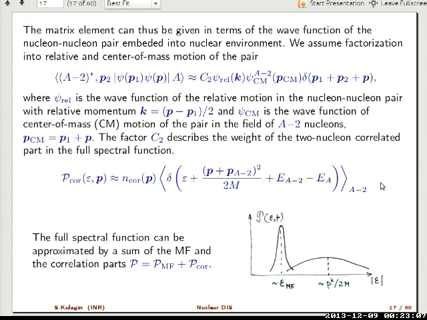So that's the sketch of these two contributions. The mean field part would give you the strength localized at low excitation energies, but the correlated part, which is usually called short-range correlation, has a broad peak, and the excitation energy is correlated with the momentum.